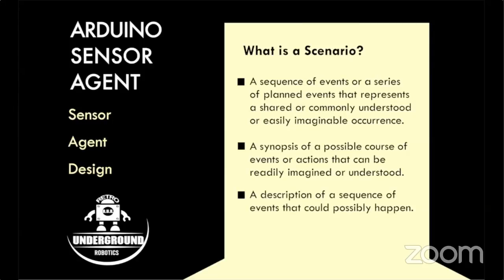Or you could look at it as a synopsis of a possible course of events or actions that can be readily imagined or understood, right? So any of those, whichever one makes sense to you, they all basically mean the same thing. There are three different ways of describing what a scenario is. Understand at least one of them, all three of them if you can, because you need it. And so we have that as a scenario.